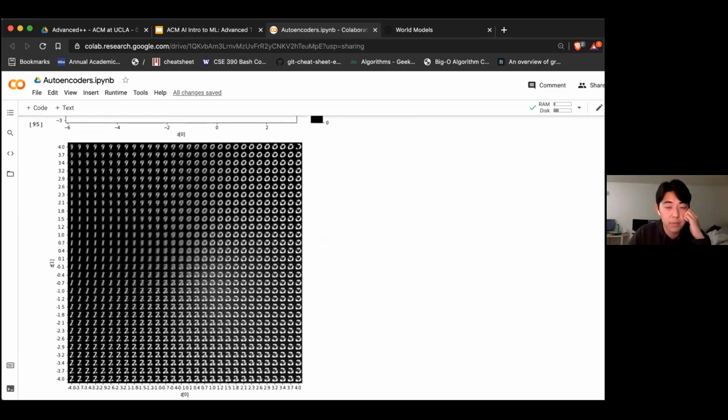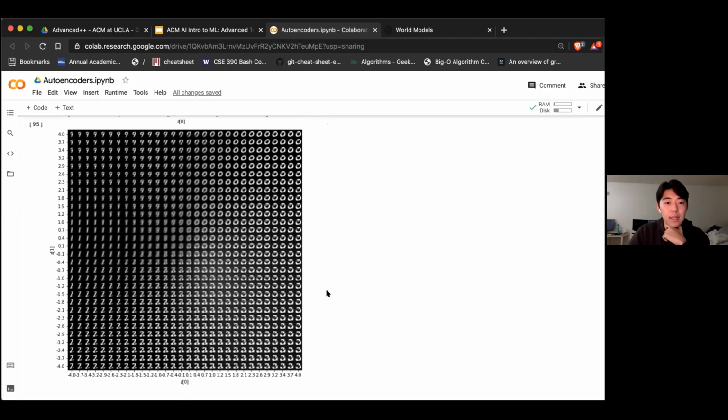Like at this top right corner, we see zeros. The top left, we see more 9-ish looking things. And then down here, we see 2s and maybe 3s around here. So we can see there's a gradient and some sort of essence of intermediate values in which they're similar or connected. So that's kind of the generative power of VAEs.